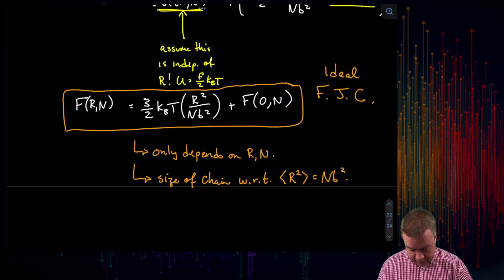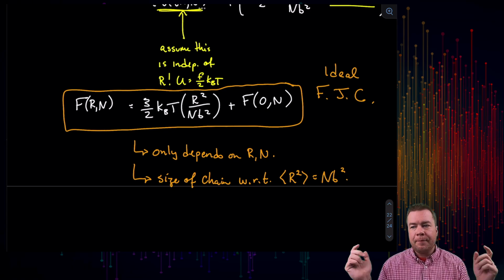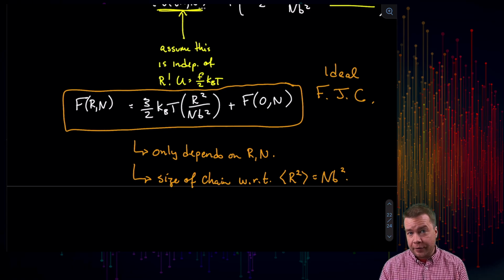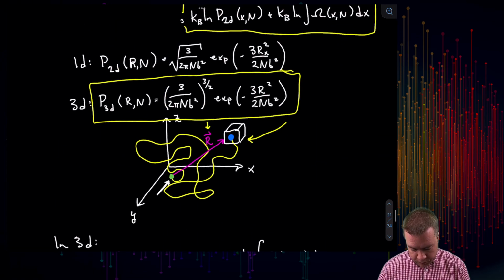What we'll do next is we'll use this in the next class or two to figure out why rubber bands and other polymer networks behave the way that they do, what their modulus is, how to improve the strength of a material. And you'll see really that the strength of a material like a rubber band, at the end of the day, it all comes down to what its free energy is, which all comes down to the probability that it has a certain size, which all comes down to the number of microstates and the number of ways that you can rearrange the polymer chain.